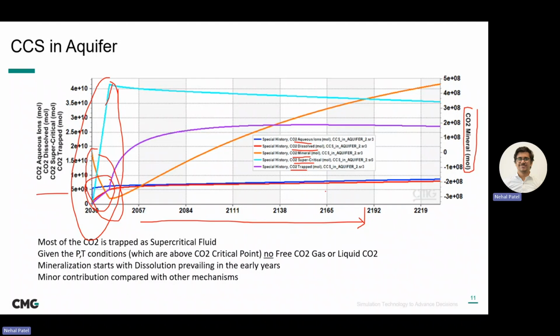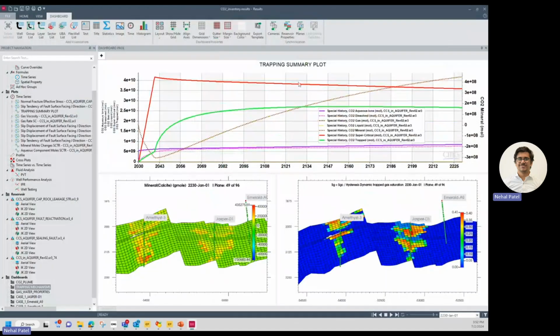Now let's take a look at how the same plot looks in Results and how we can use this in the dashboard. Right now we are looking at the same results file, at the dashboard called trapping mechanism, and here we are looking at the same plot that we just discussed in our PowerPoint. But we can add this plot along with the different IK, areal or JK views, and see in parallel how CO2 stored in different forms looks.